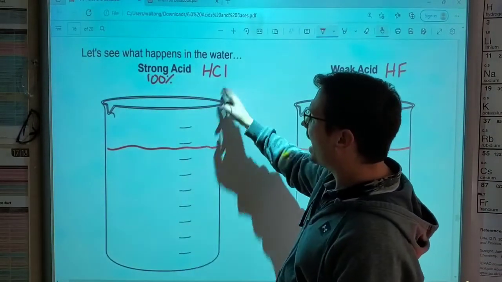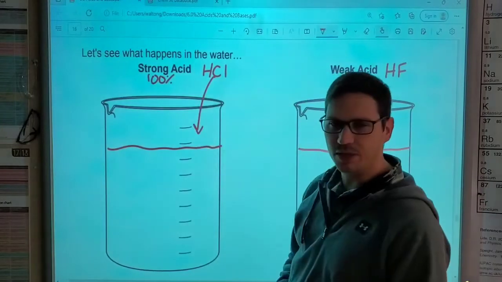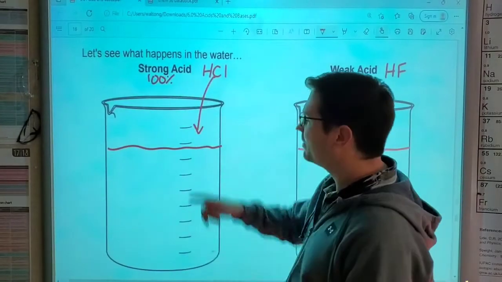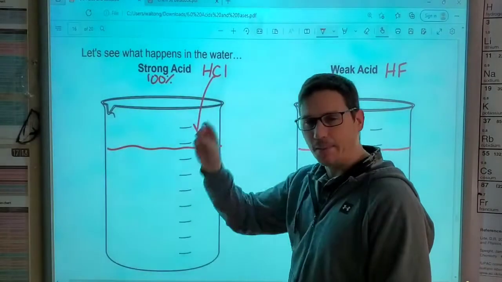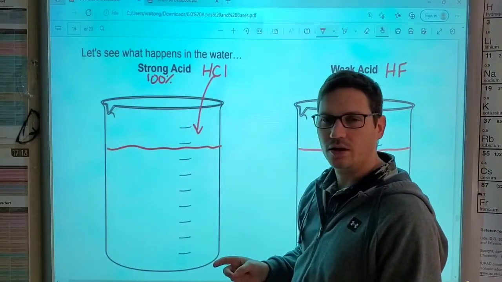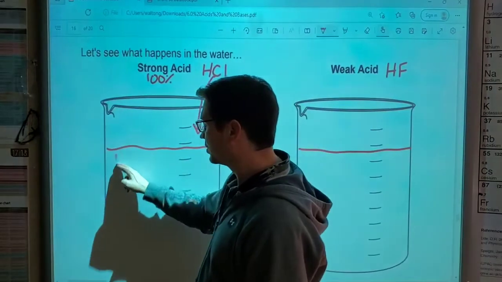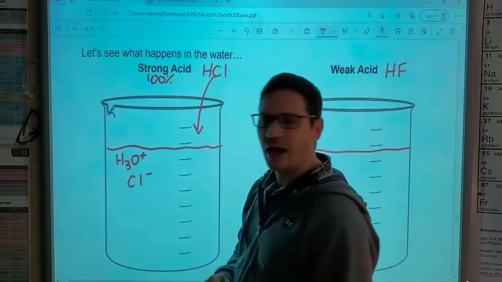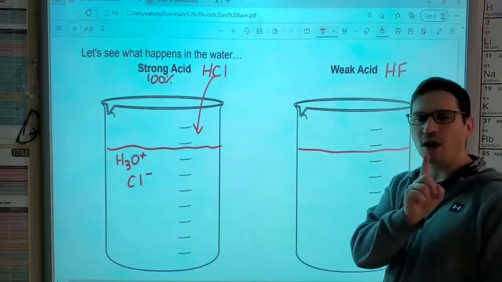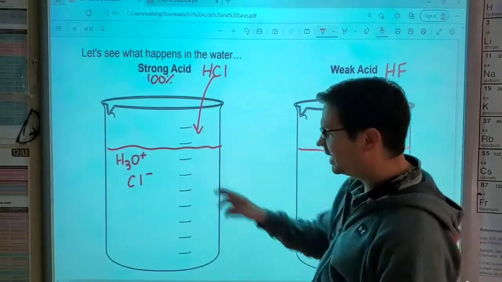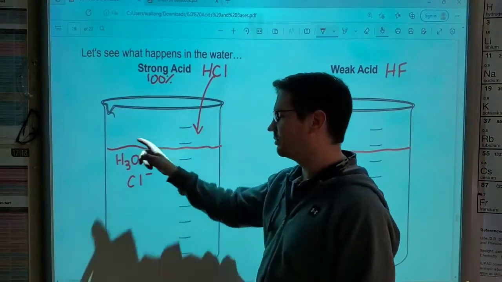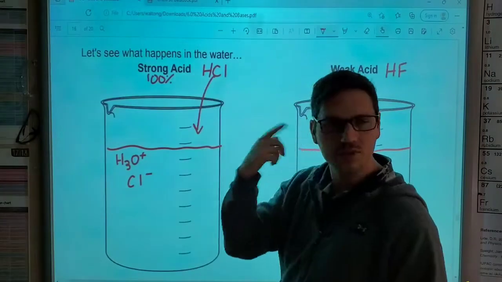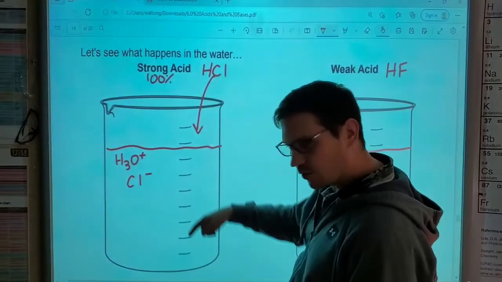I'm going to add some HCl into the beaker, and the very first time I add an HCl, it immediately reacts with water to create hydronium and chloride ions. So that's one. I added one molecule of HCl and it immediately reacted to make hydronium and chloride. Okay, I'm going to do that a few more times. I'm going to add another one.